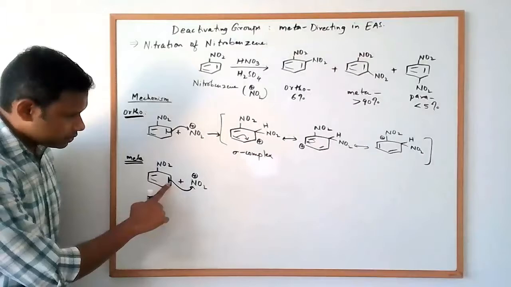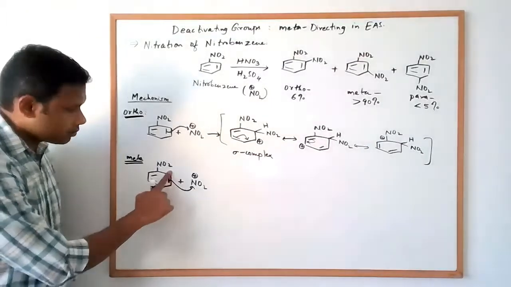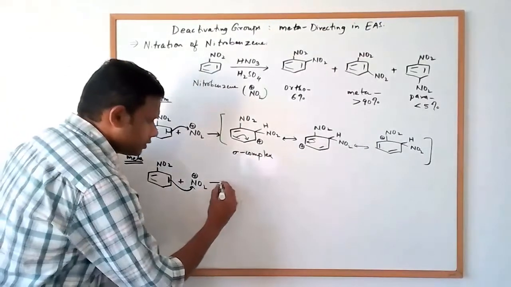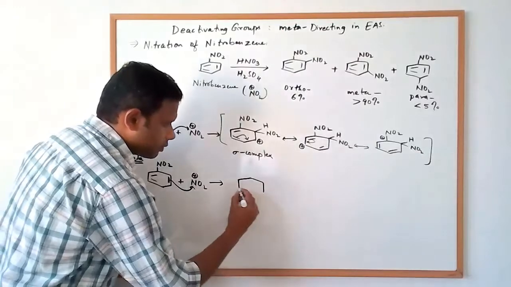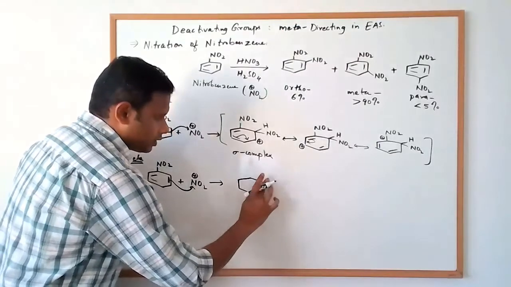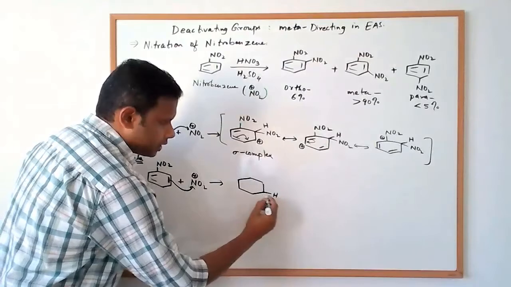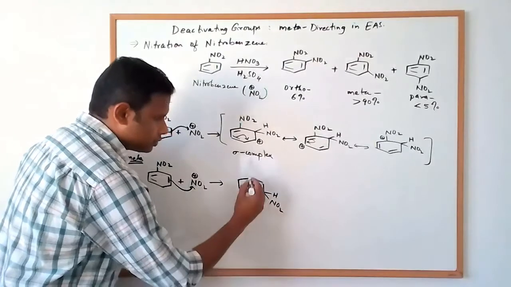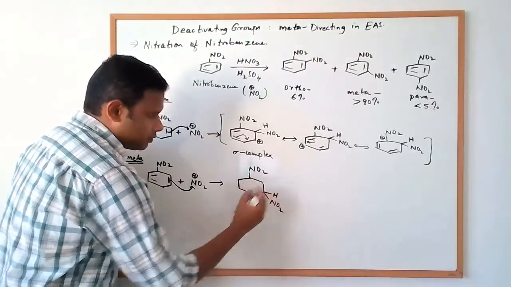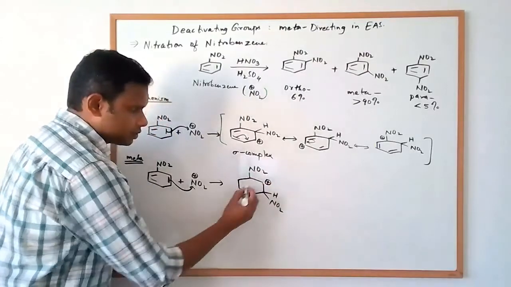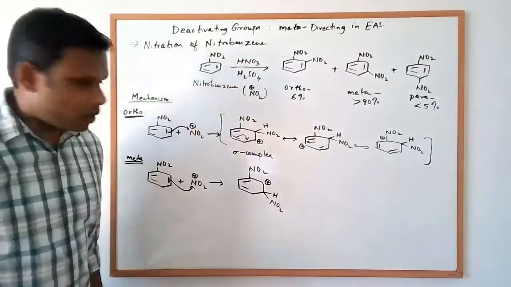Again, this pi bond, because that pi bond involves the meta carbon and the ortho carbon. So we can use that same pi bond. And this time we're going to attach the nitro group to the meta carbon. The nitro group here, the positive charge ends over there, double bond and double bond.